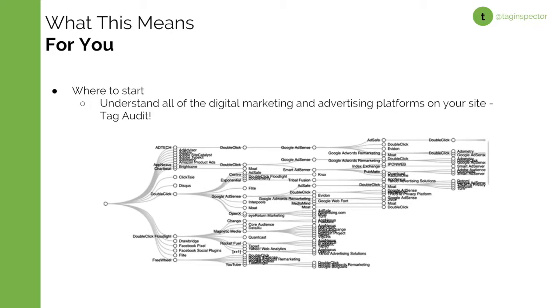Understand the different tags that are loading, the platforms that are loading, where that data is going. This here is a screenshot from our tag inspector tool that shows, just for a given website, all the different platforms that are loading, as well as how they're getting there. The scary thing is, for so many organizations, this is the reality, where you have tags that are piggybacking or loading through other platforms.